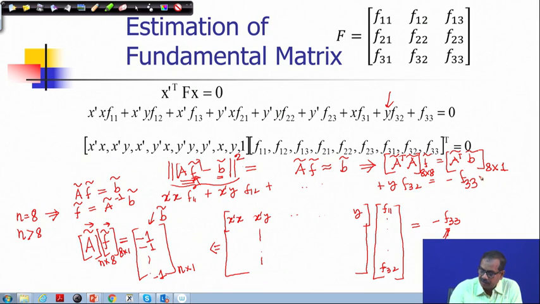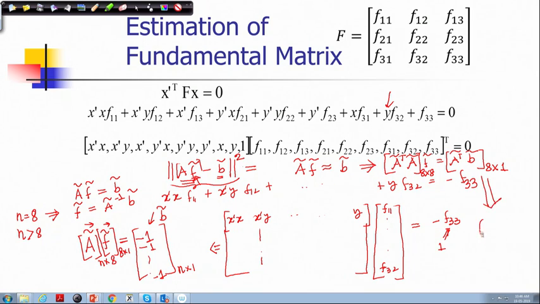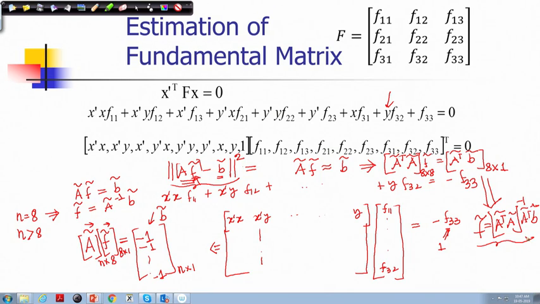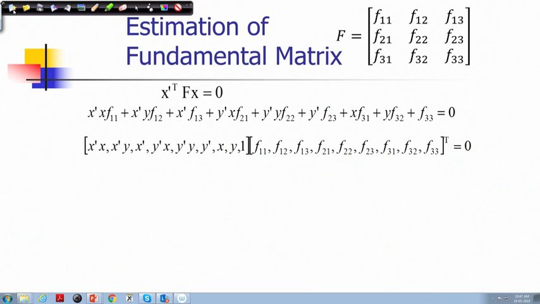So, the solution of f tilde is A transpose A inverse A transpose B. So, this is your least square error solution. That is for the set of non-homogeneous equations.